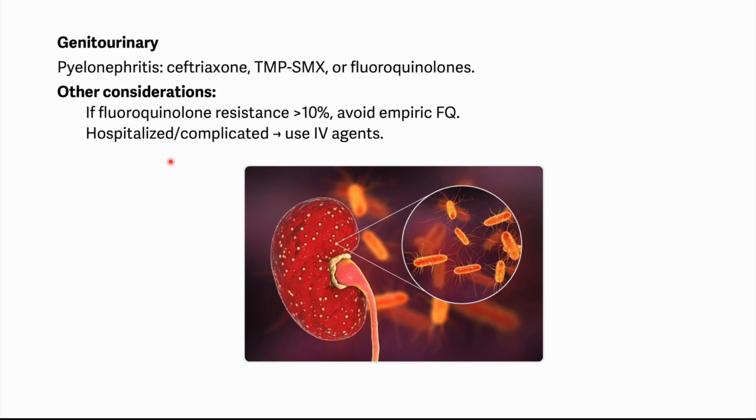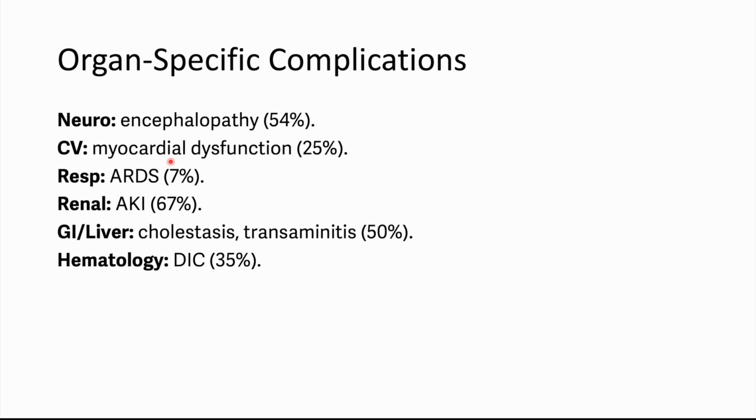So for other organ specific effects: sepsis doesn't stop at one organ, it's a system wide assault. Like neuro complications such as encephalopathy, whereas in cardiovascular, 1 in 4 get septic cardiomyopathy. Then respiratory, around 7% develop ARDS. Then in renal, two-thirds develop AKI. Then liver, cholestasis or transaminitis.